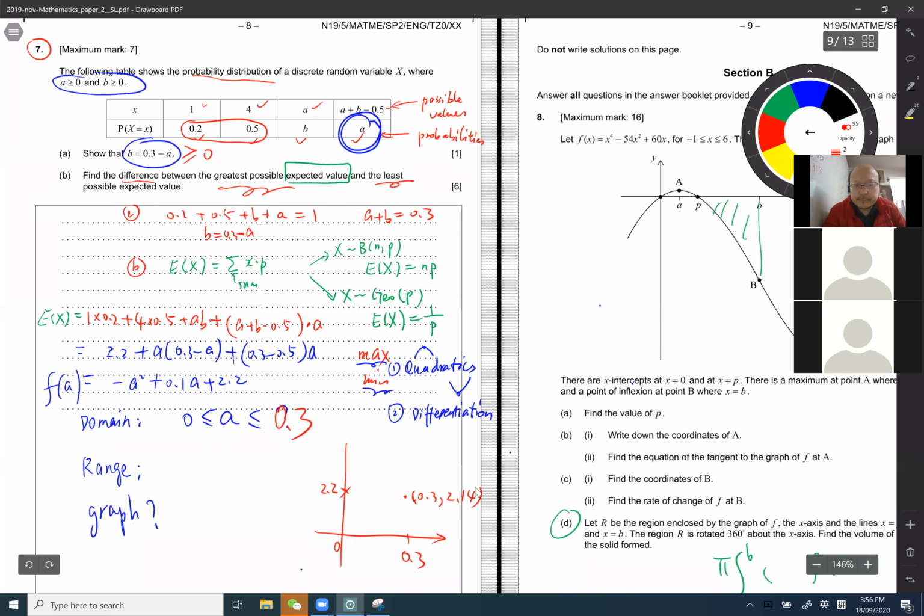You need to substitute A into here. If A equals 0.3, we got 2.14 using calculator, because this one is f(A). Parabola.